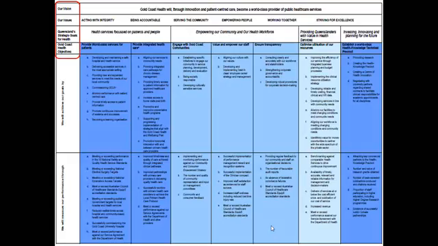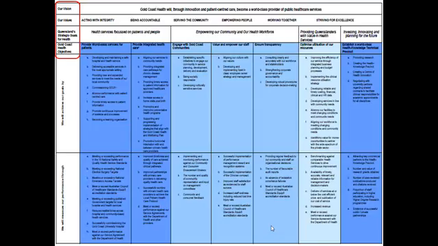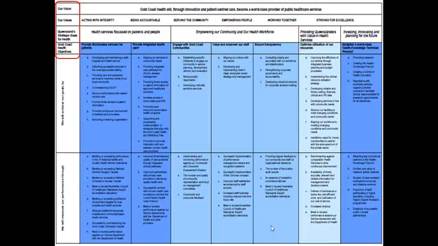They also have values, 6 of them, as you can read on the screen. They also have the Queensland strategic goals for health, and there are four of them. And along with that come the Gold Coast Health Objectives. So as you can see, there's a bit of a cascading structure here.